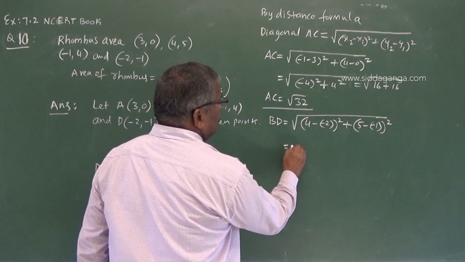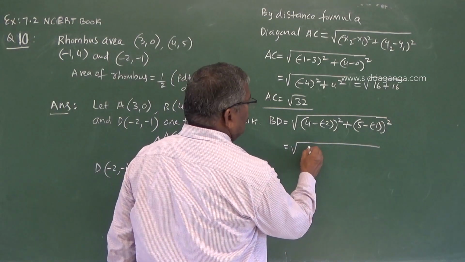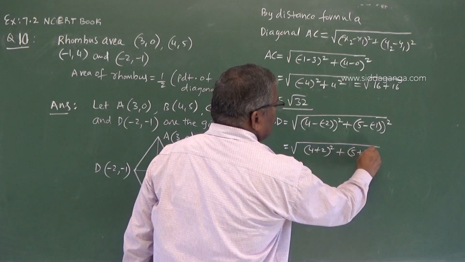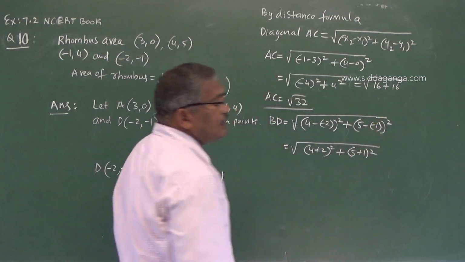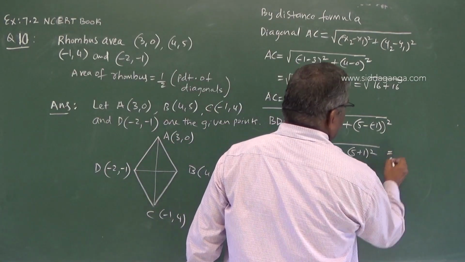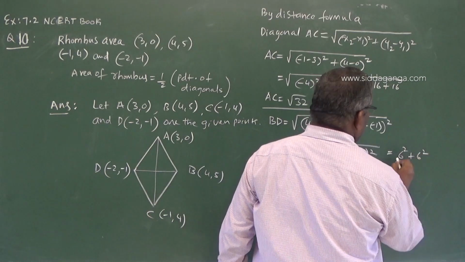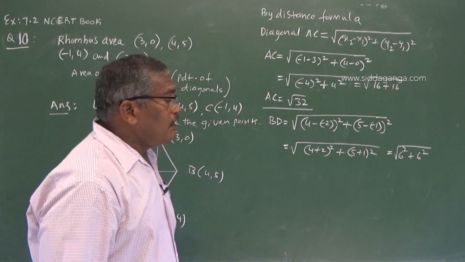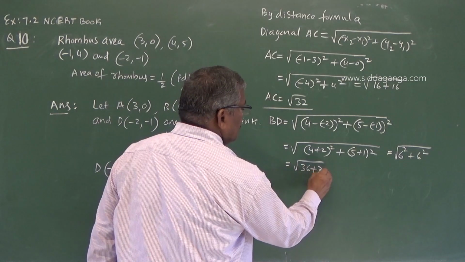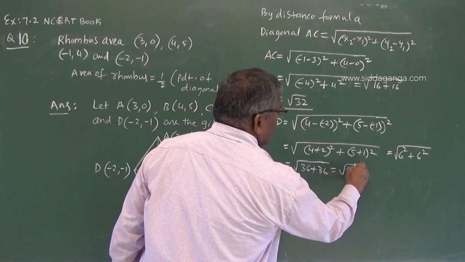So this equals square root of 4 plus 2, whole square, plus 5 plus 1, whole square. 4 plus 2 is 6 square, 5 plus 1 is also 6 square. 36 plus 36, root of 36 plus 36 equals root 72. This is BD.